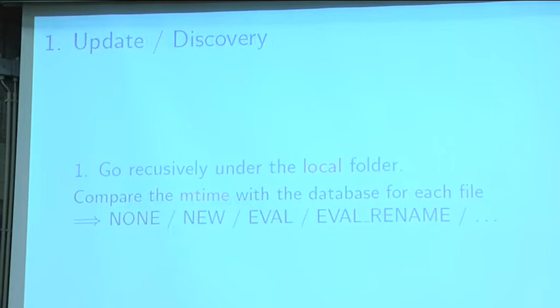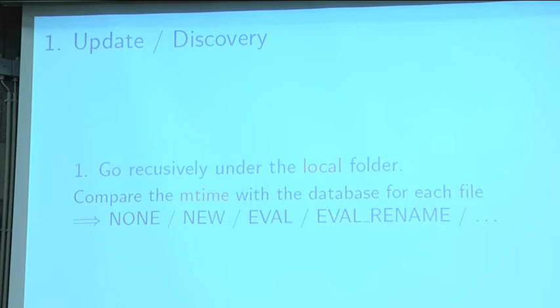So the first phase, the discovery phase: we go over each file in each folder in the local file system, and we compare to a database which contains what was previously synced. So we know that previously we synced this file and it has this modification time, and now it has another modification time.